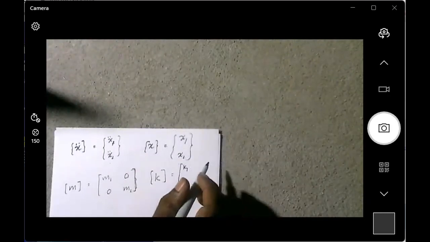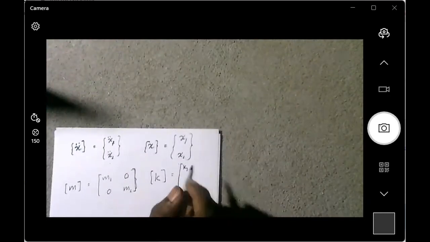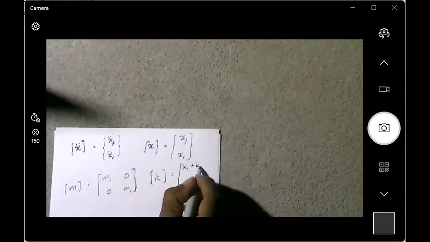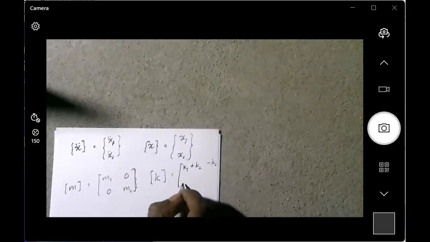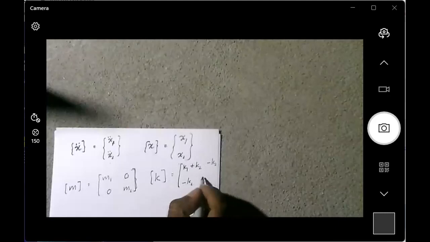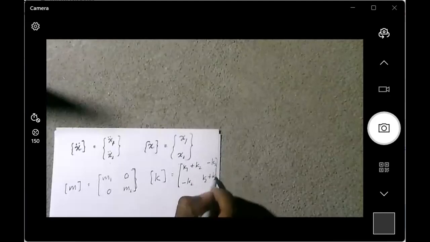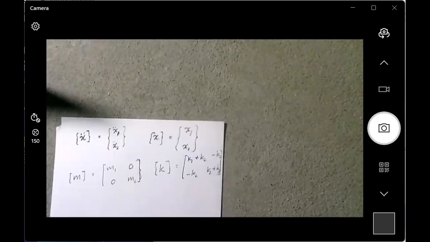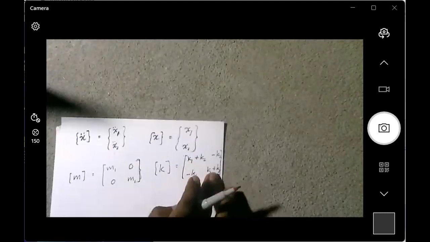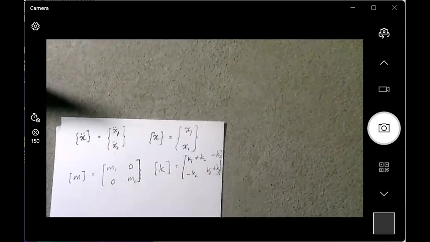K1 plus K2, minus K2, minus K2, and then K2 plus K3. So if I write the whole equation, it will look something like this. You need to arrange the terms a little bit to get this matrix.